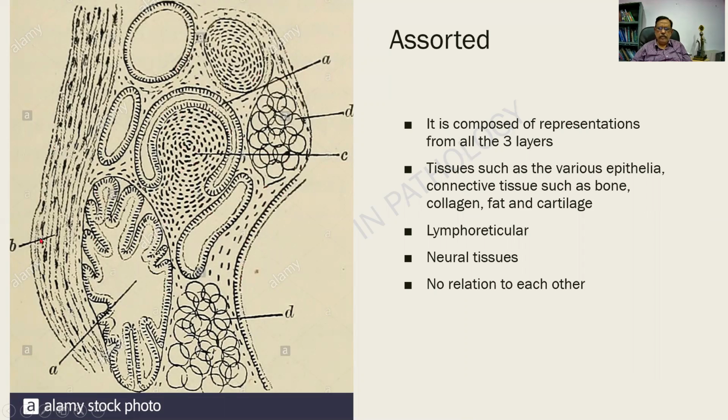And this is probably smooth muscle. So all of these are there. I would like you people to kindly draw this diagram in your record. Therefore, the teratoma is composed of representations from all the three layers. And we see tissues such as epithelium, connective tissue, bone, collagen, fat, lymphoreticular, neural, and they have got no relation to each other.